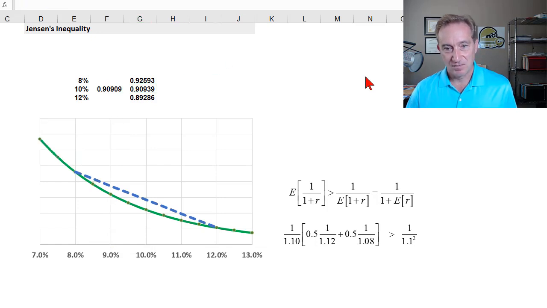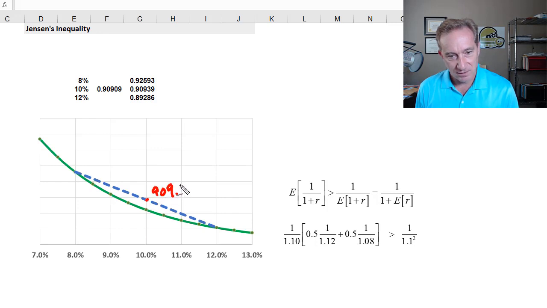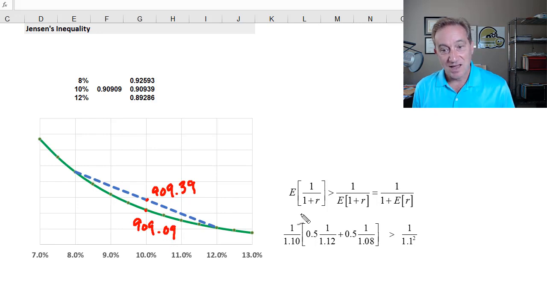Okay. And this is the Jensen's inequality. If I look here on the plot, this point is $909.39, and this point is $909.09. And mathematically, our Jensen's inequality is represented here.